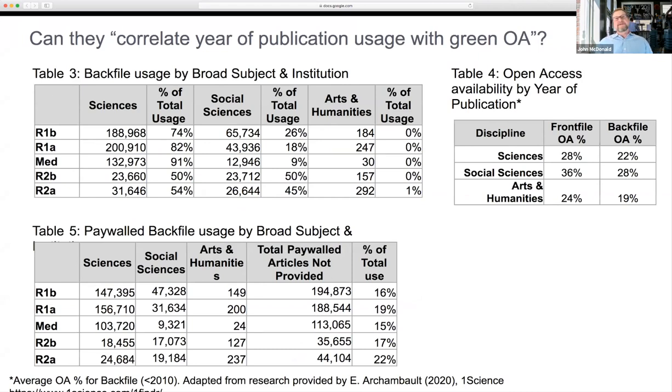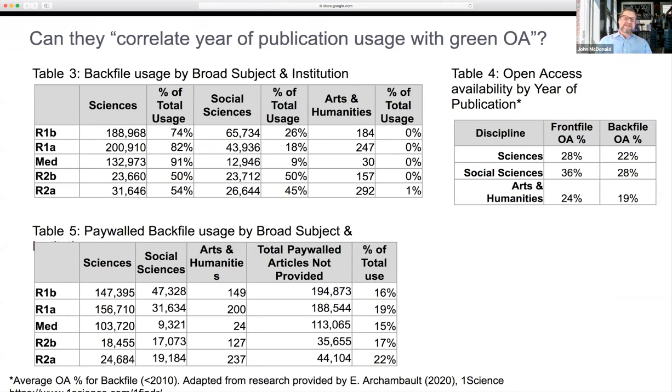Now, we also wanted to look at this idea of correlating the year of publication usage with green OA. The same table from the previous slide, table 3, backfile usage by subject area, or broad discipline, I should say. What we did was we took those numbers and divided them out by journal and applied the percentage of open access availability to the backfile versus the front file.